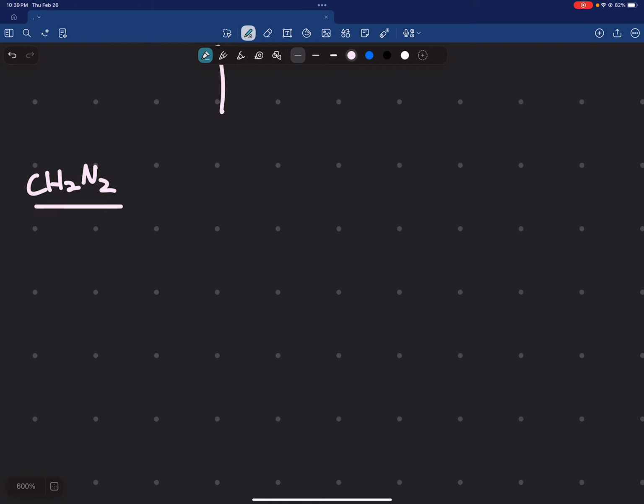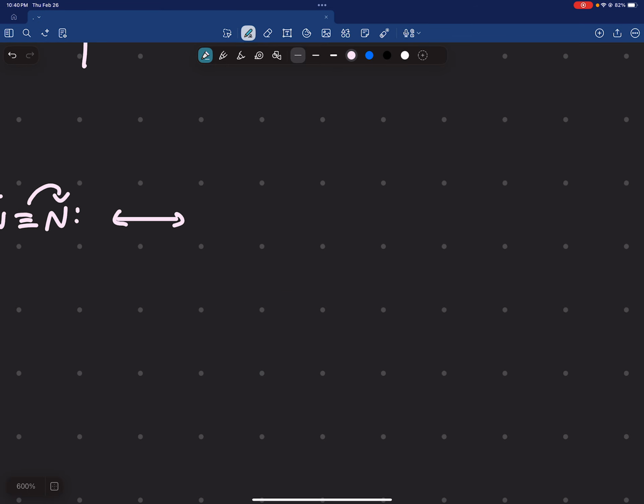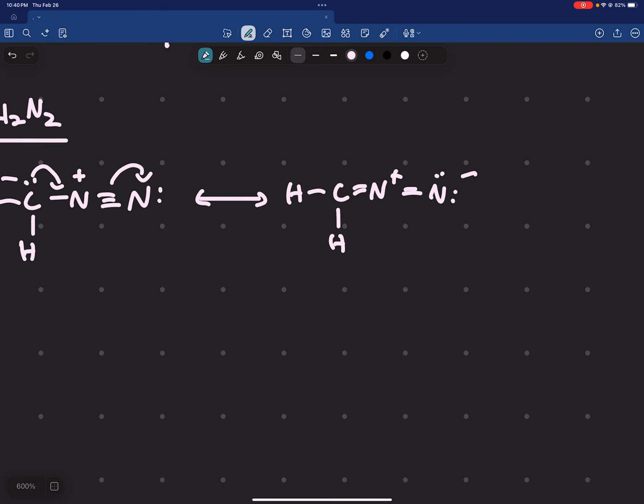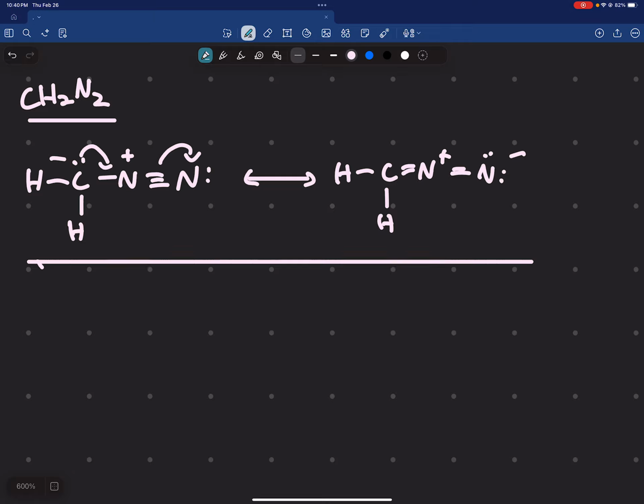Diazomethane has a resonance structure, but you might see it like this, and we'll have a resonance structure like so. This is what diazomethane will usually be represented as.